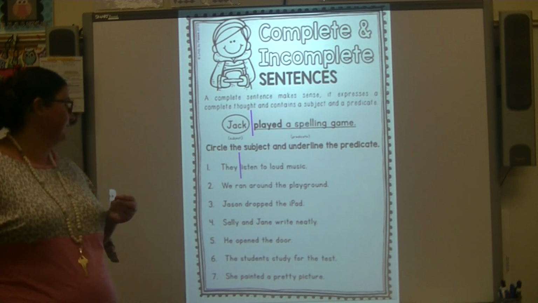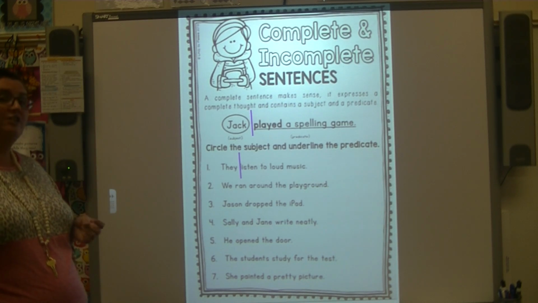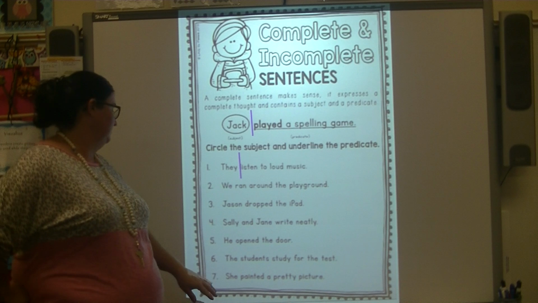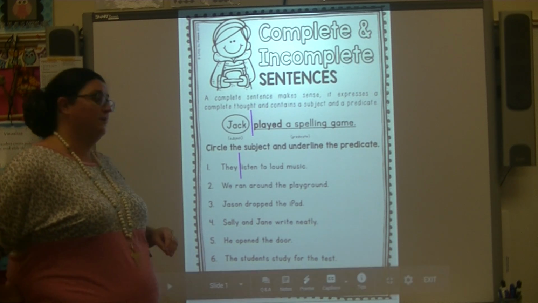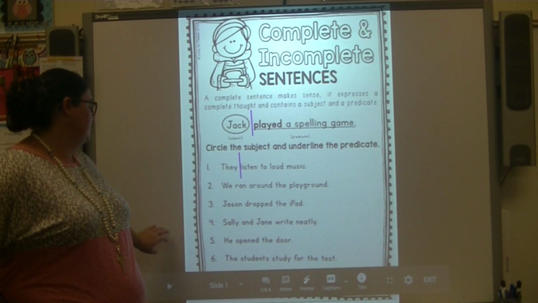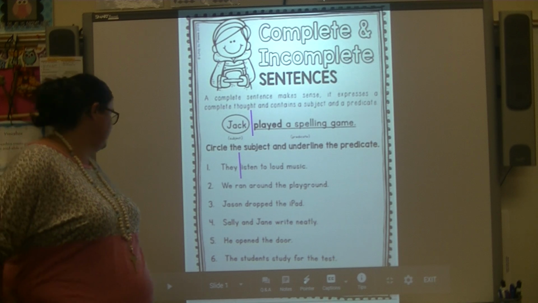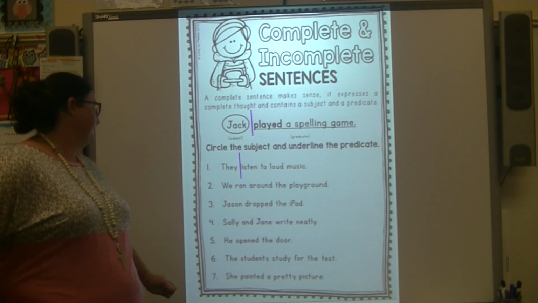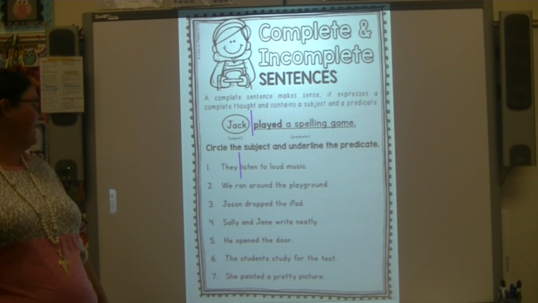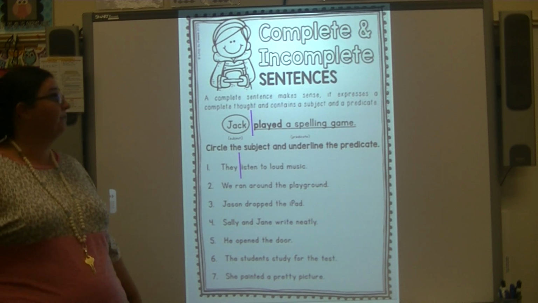Number 5, he opened the door. Number 6, the students study for the test. And number 7, she painted a pretty picture.